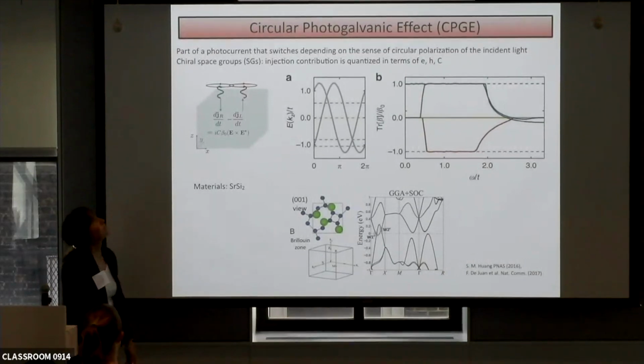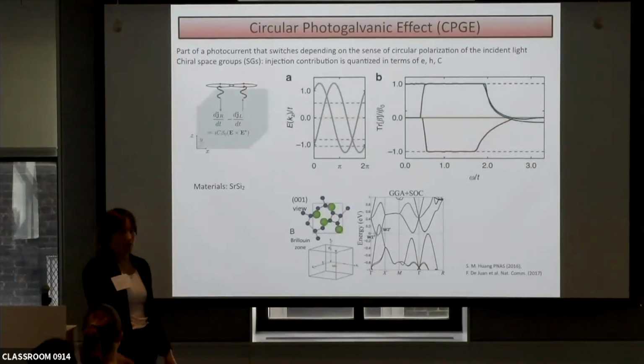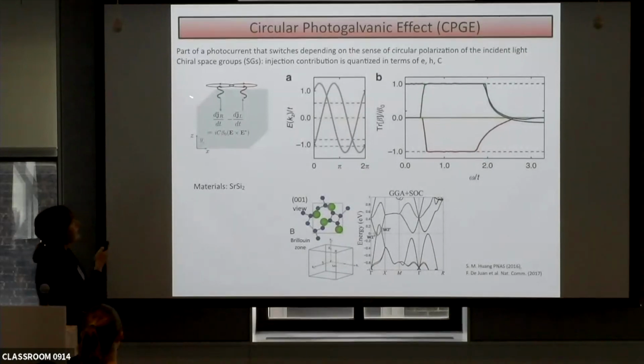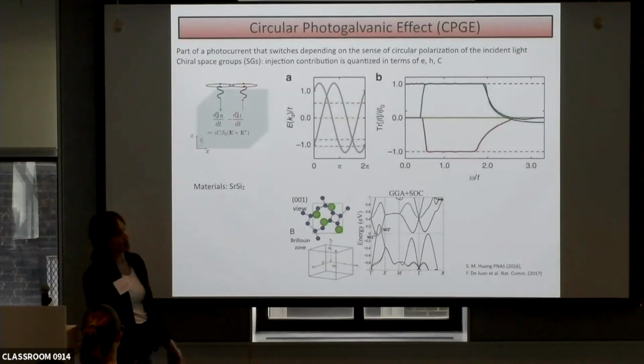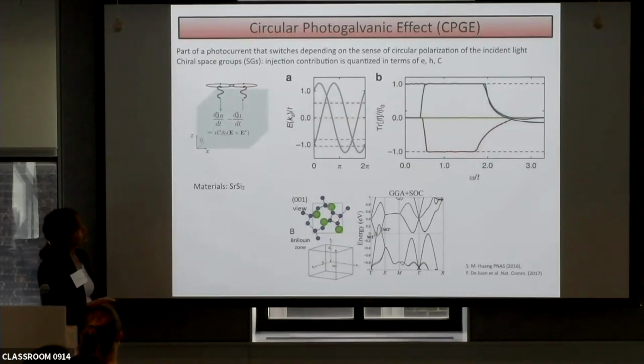So the CPGE is the part of the photocurrent that switches depending on the circular polarization of the incident light. And what Fernando and Adolfo found is that when the material is described by a chiral space group, which is a space group that lacks mirror or inversion, the response of the injection current is quantized in terms of the charge, h, and the Chern number.